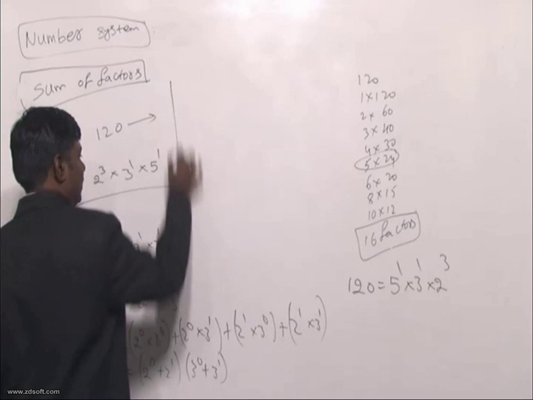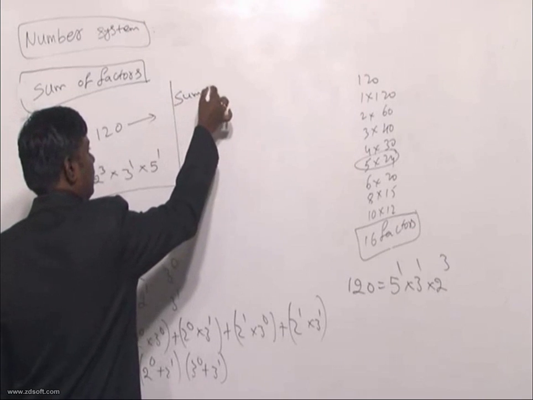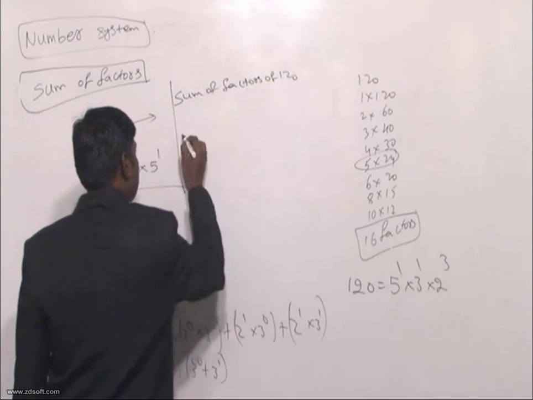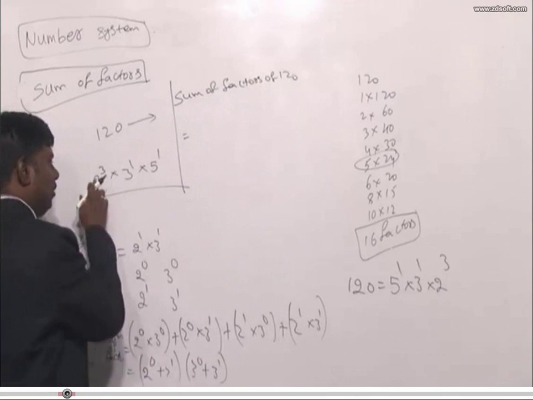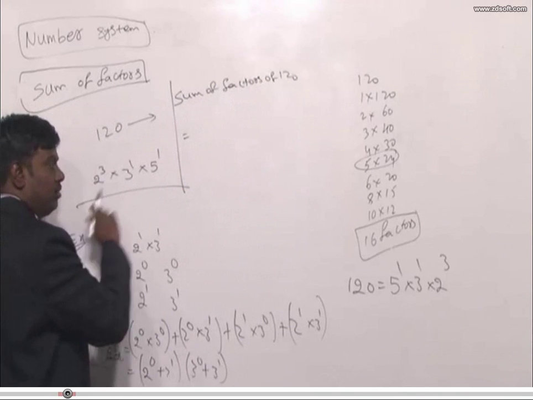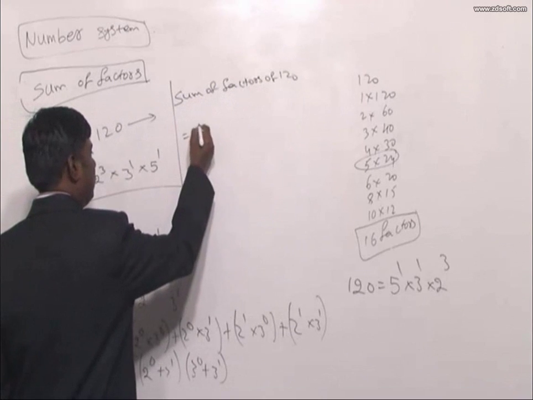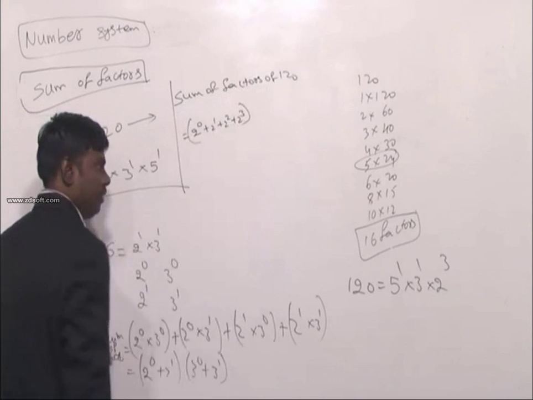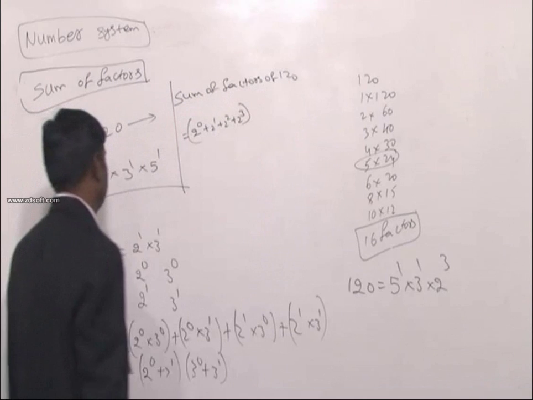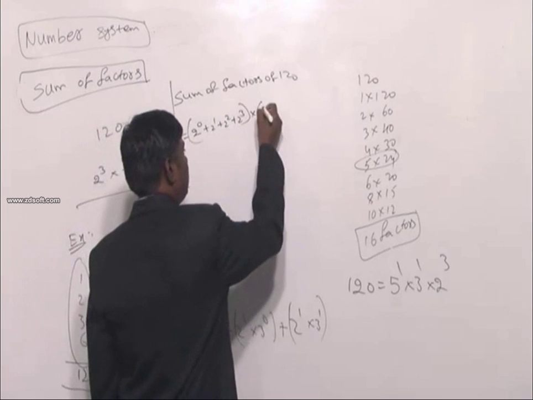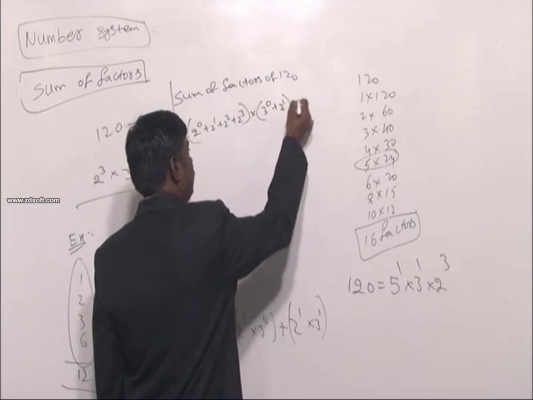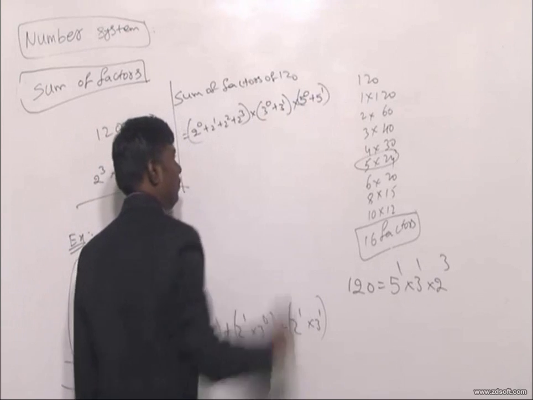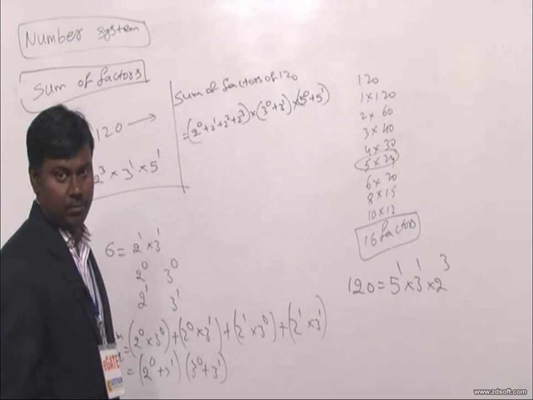From this you want to get the sum of factors of 120. How do you get that? What are the factors of 2 power 3? 2 power 0 plus 2 power 1 plus 2 power 2 plus 2 power 3, into 3 power 0 plus 3 power 1, into 5 power 0 plus 5 power 1. If you do this multiplication, you will get the answer.